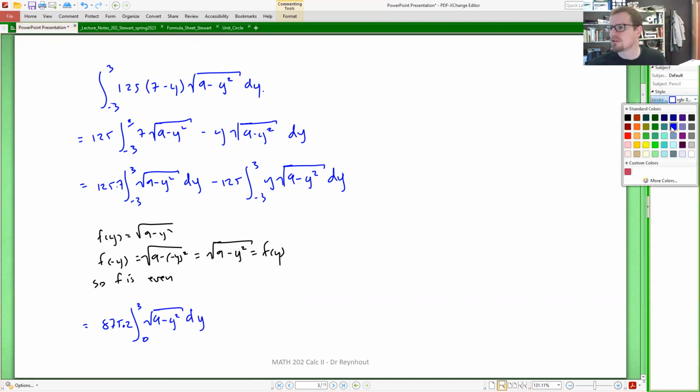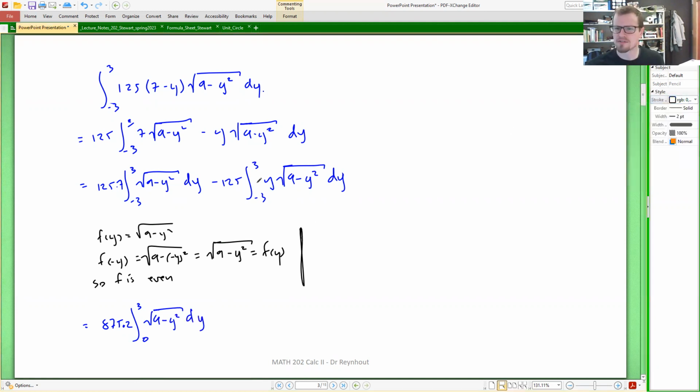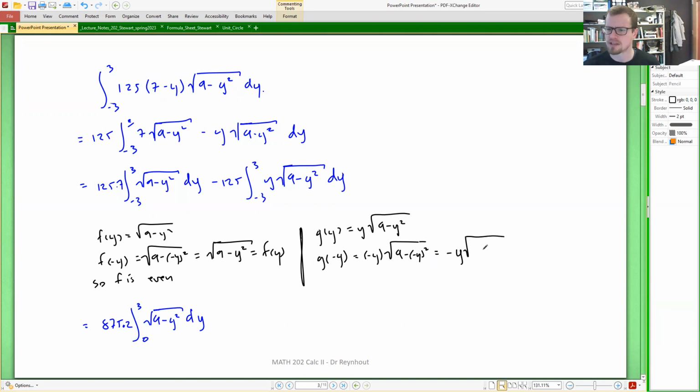But for this other function, if I let g of y be equal to y times the square root of 9 minus y squared, then this is an odd function because g of -y is equal to -y times the square root of 9 minus (-y) squared. When I square a negative, it becomes positive, so this is -y times the square root of 9 minus y squared.